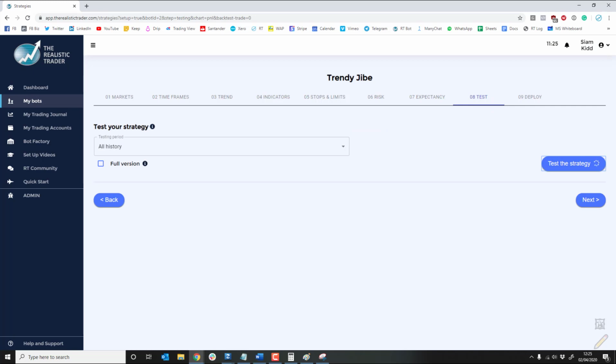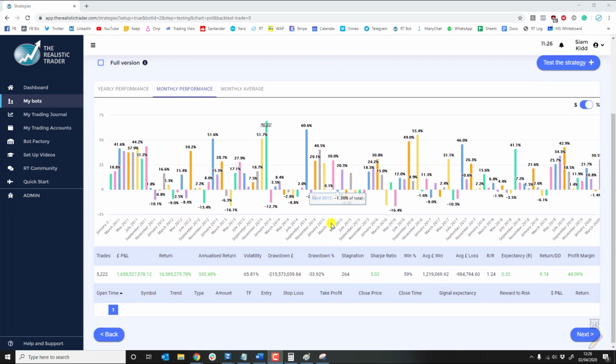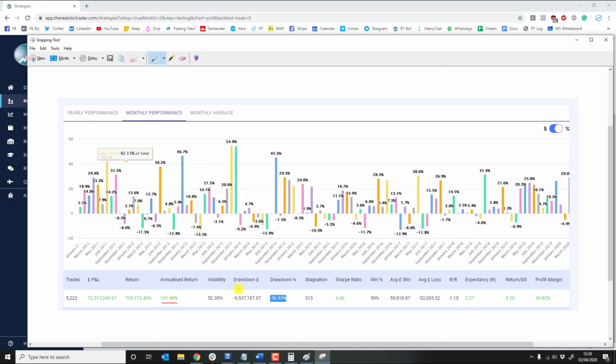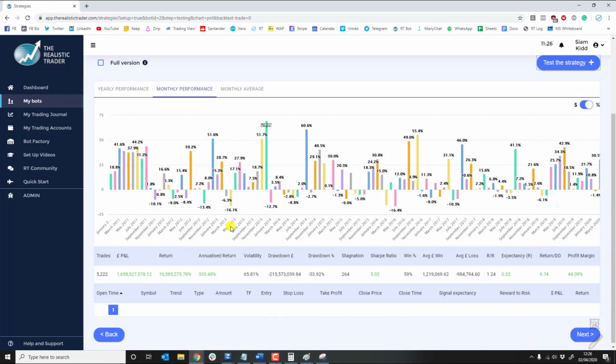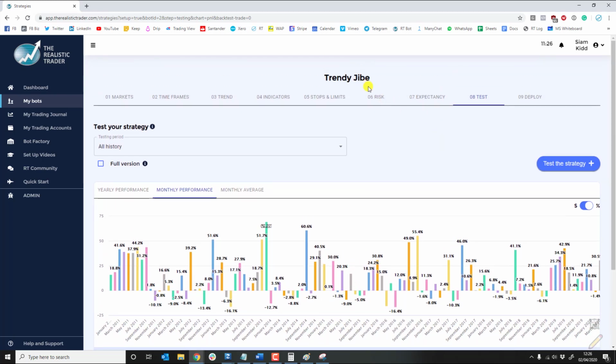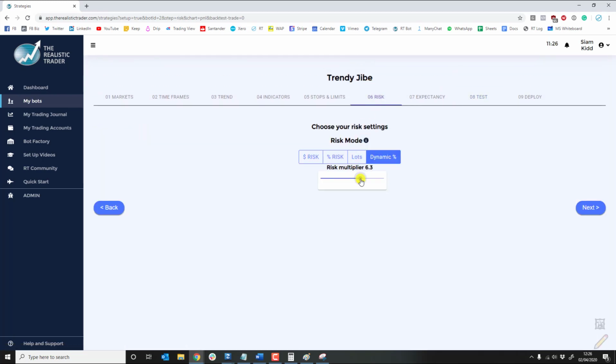Let's run another test. Okay, so now let's have a look at this. Remember, 191% a year, 36% drawdown. Now we've got the same amount of trades, same risk. It's taking the same trades. We're just risking less. So now we've got 330% per year, and again slightly less drawdown, so we can tweak this up a tiny bit more, maybe 6.3.